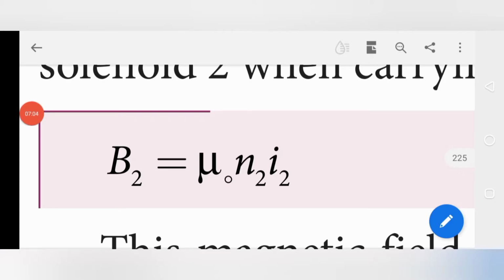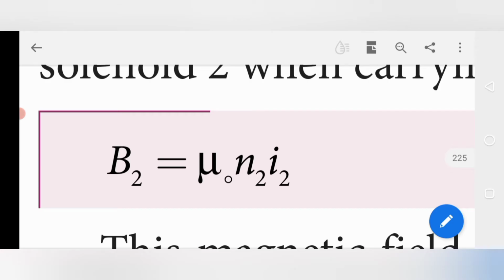Now similarly we have to find the magnetic flux produced by solenoid 2. When the current I2 is passing through solenoid 2, the magnetic field is also produced by this solenoid, so the magnetic field value is B2 equal to mu naught N2 I2.